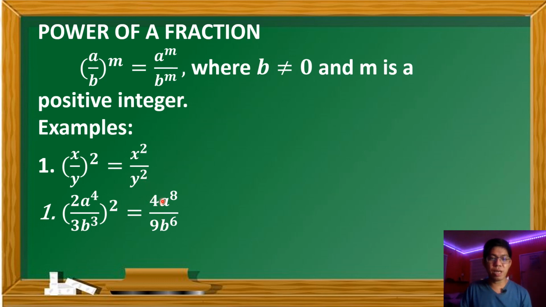We have 4a raised to the 8th power over 3 squared is 9, then b copy, then 2 times 3, we have 6. So therefore, it is equivalent to 4a raised to the 8th power over 9b raised to the 6th power.